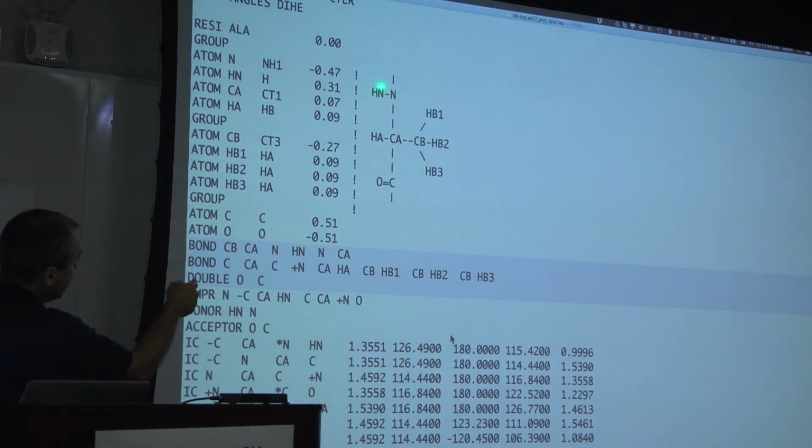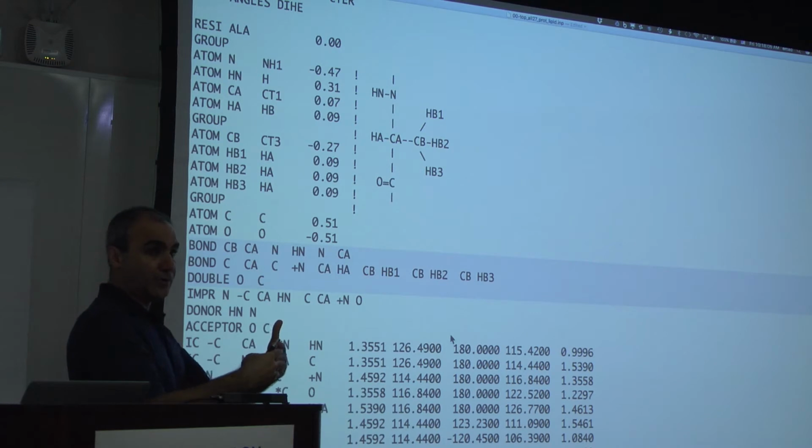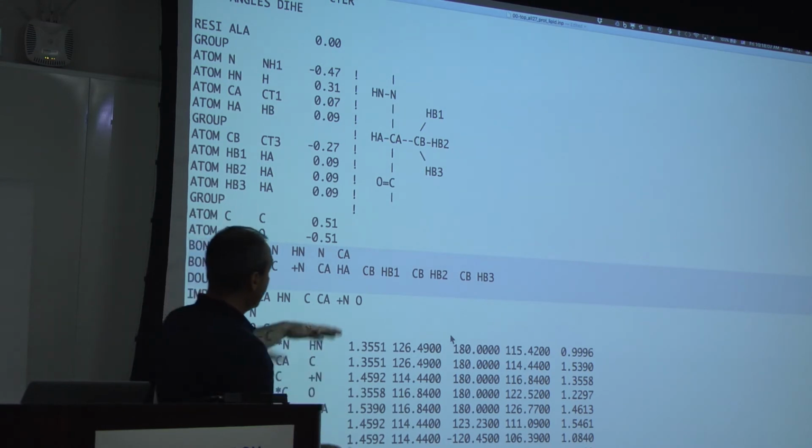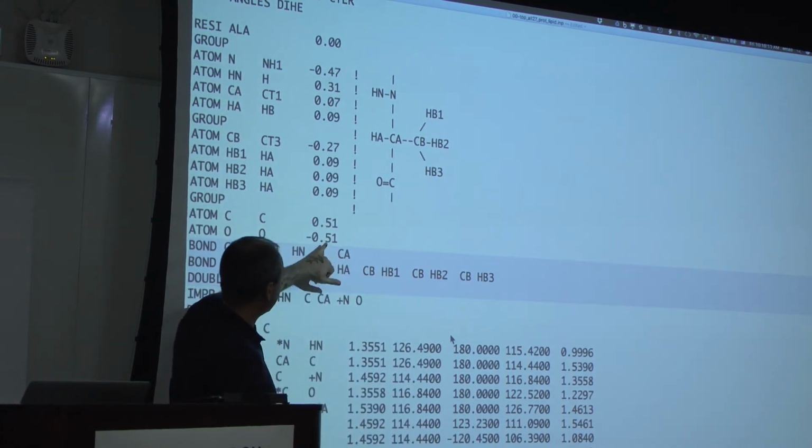And if it happens to be next to a negative charge like this oxygen, minus 0.51 is a significant amount of negative charge, if this oxygen sees this positive hydrogen, they start attracting each other, and that gives you the hydrogen bond.